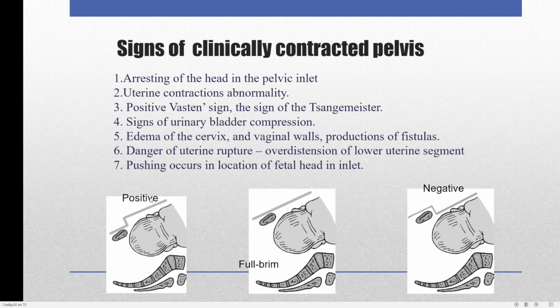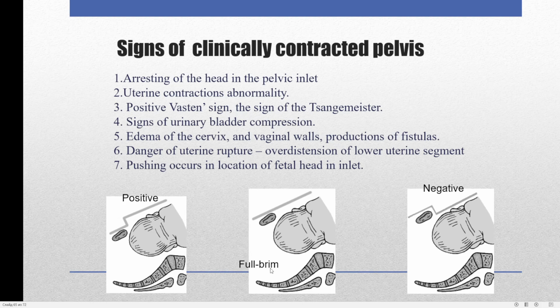In these pictures you can see the Vasten sign. The best type, you can see in this picture, is the negative Vasten sign. You can see that the presenting part is located lower than the pubic symphysis. In this situation the presenting part is on the same plane; it's full brim.